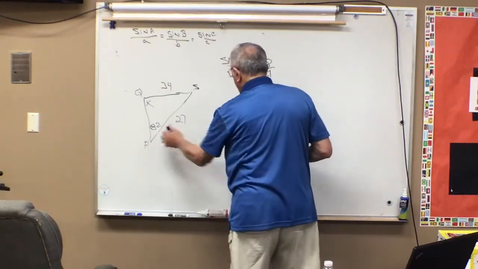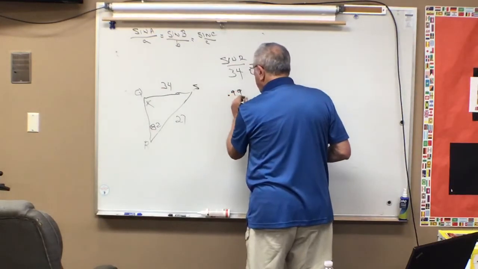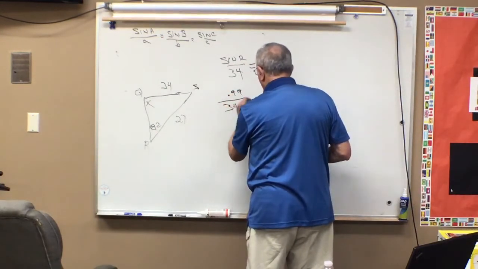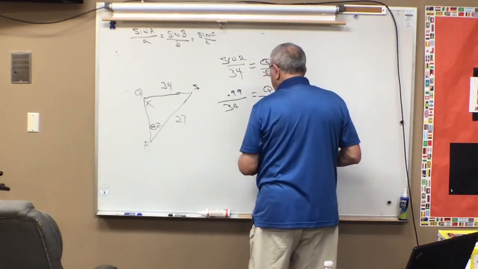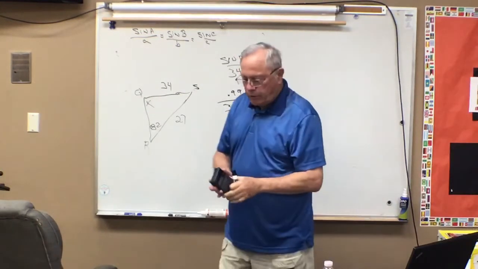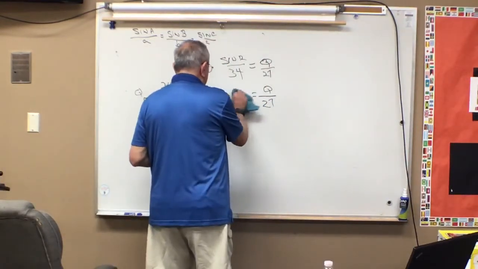So the sine of 82 equals 0.99. So this is going to be 0.99 over 34 equals sine Q over 27. Let me make that a little bit bigger so you can see it.